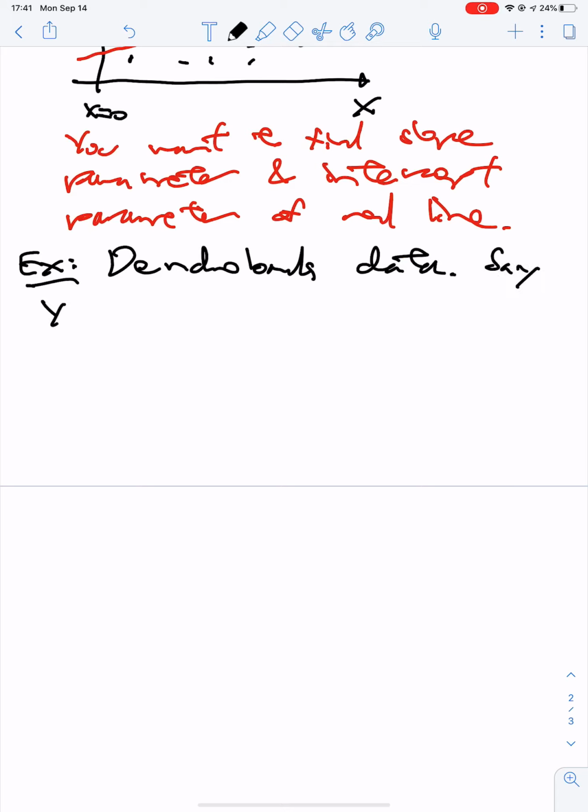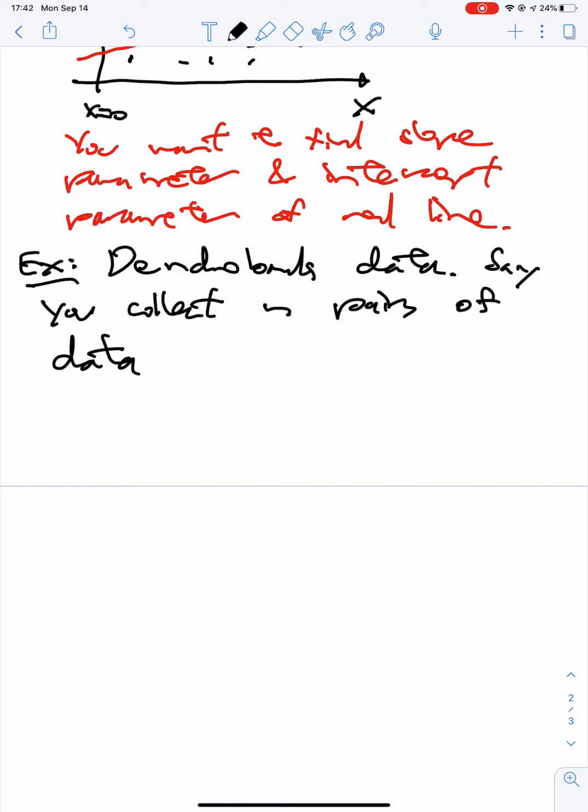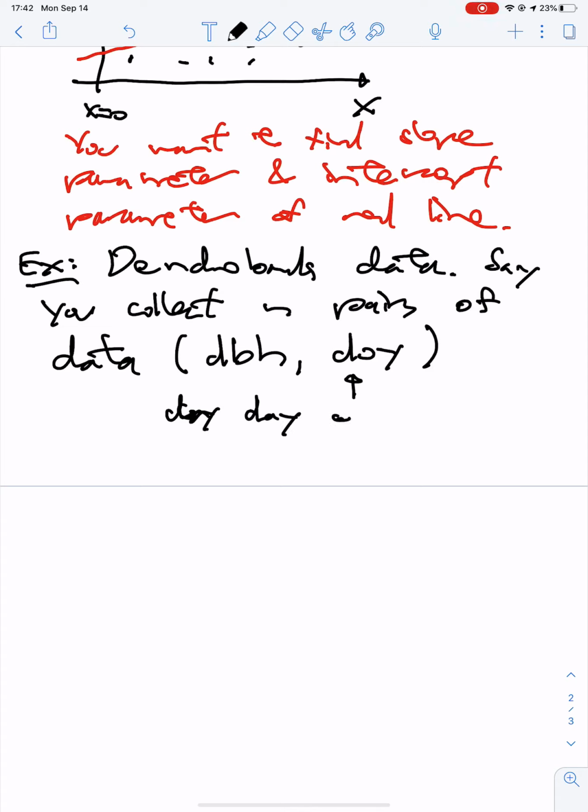Say you collect n pairs of data, not y and x, but rather dbh, comma, doy, where doy is day of year.